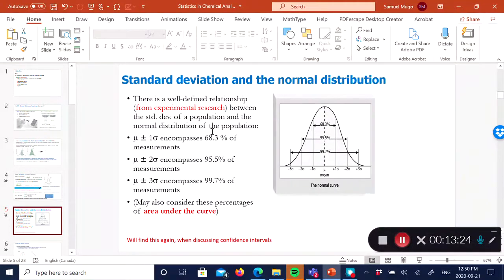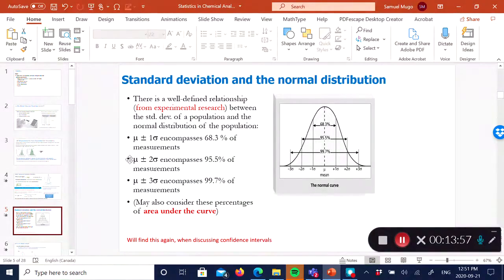And sometimes there's a fairly well defined relationship between the area under the peak, where you take, say, the average, which is the mu in this case, the true value, meaning you've done it many, many times, plus minus one sigma, is equal to 68.3 percent of that peak.